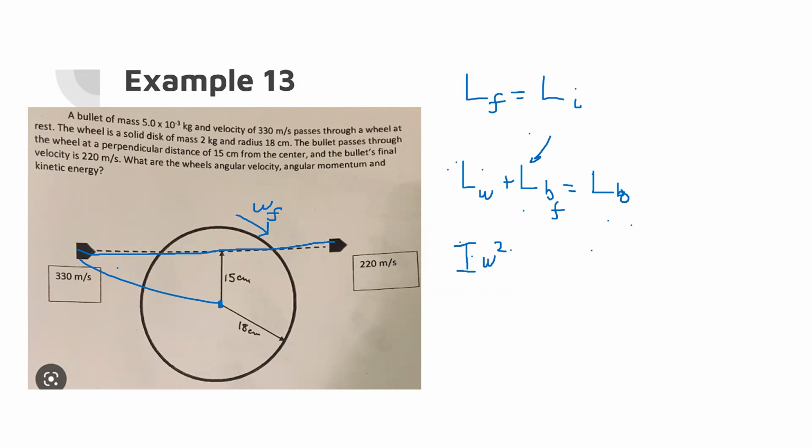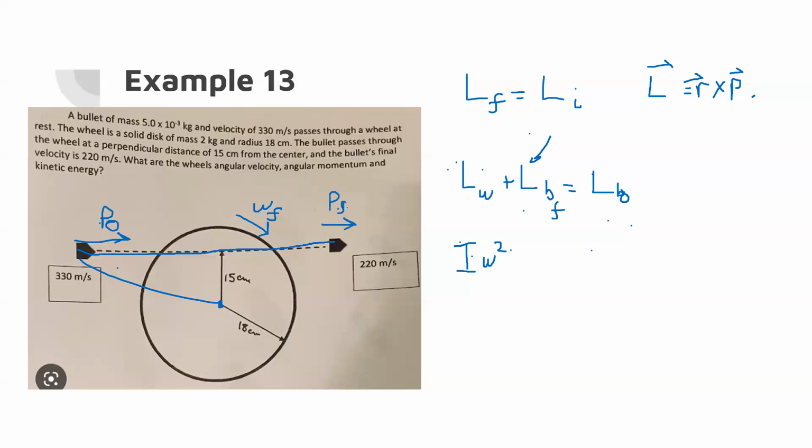And so what we're going to do instead is use the definition of angular momentum. L is equal to r crossed with the linear momentum vector. So r is the distance here, and then times the linear momentum vector, which is going to be this one right here, and this is going to have p final.